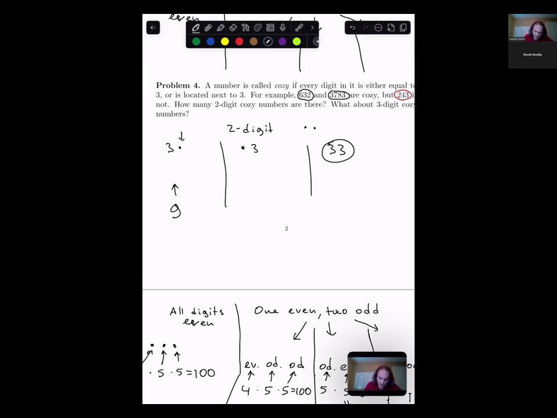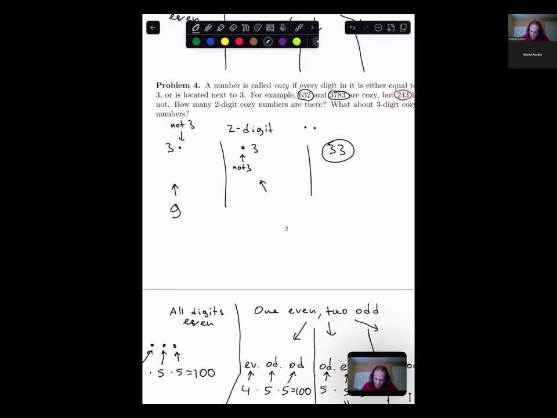Not 3. And here I also don't want it to be 3. Not 3. Otherwise I would double count. So I want to indicate all the threes already. Okay, so there are 9 options here.